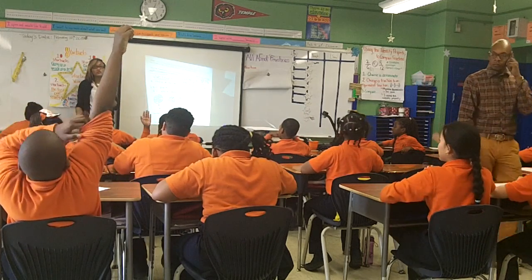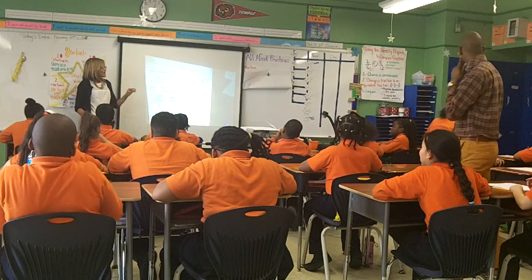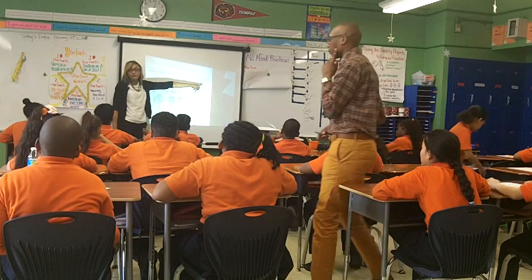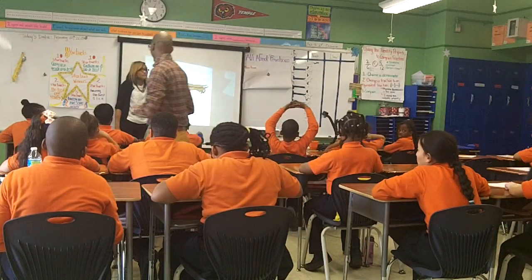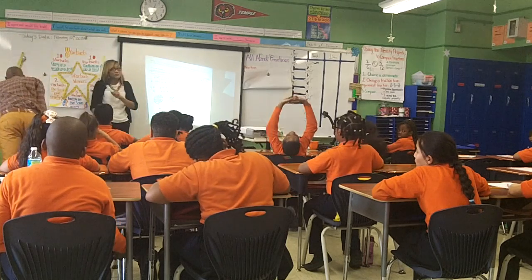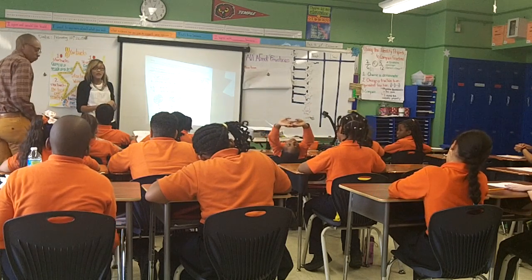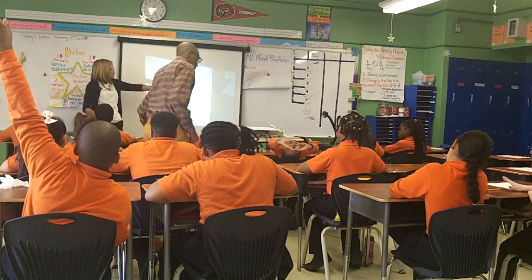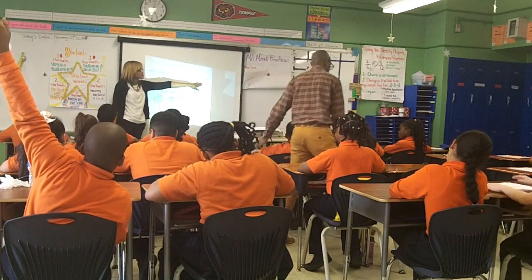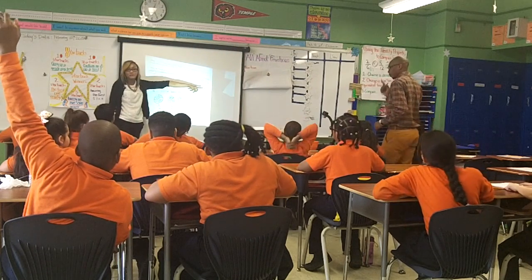So what we're doing today, all day, is we're taking improper fractions and converting them to mixed numbers. We're taking mixed numbers and converting them to improper fractions. This first lesson, we're only taking improper fractions and converting them to mixed numbers.